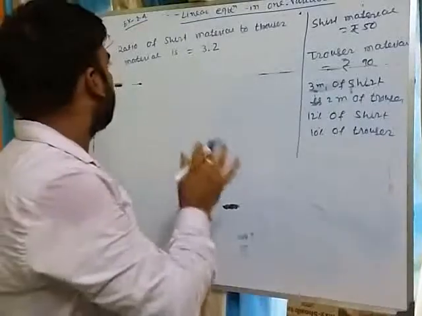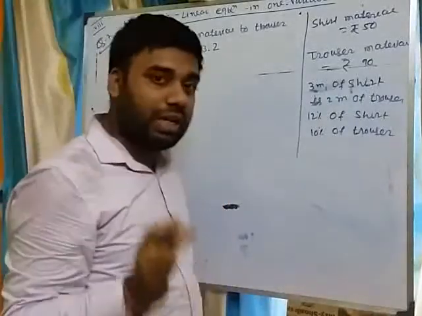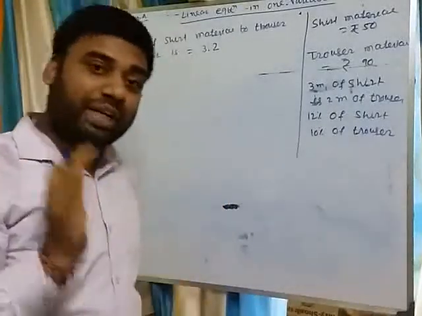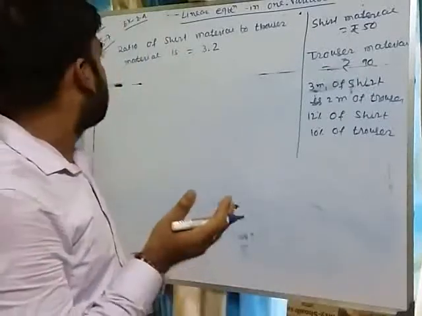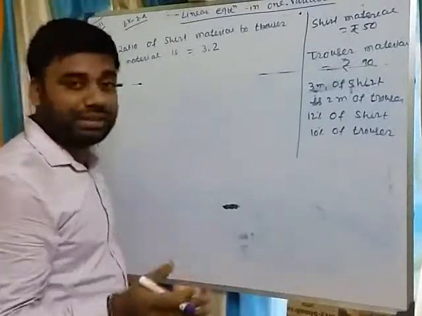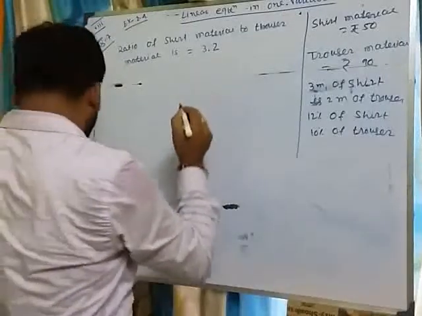So as the ratio of shirt material and trouser material is 3:2, we can take shirt material 3x and trouser material 2x.